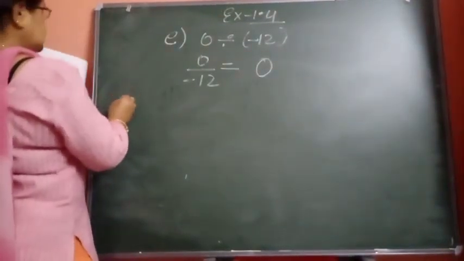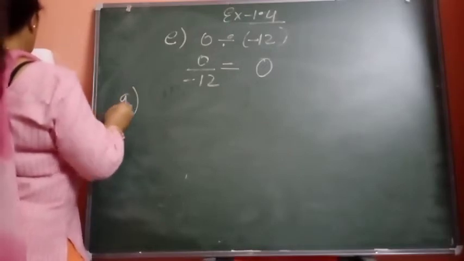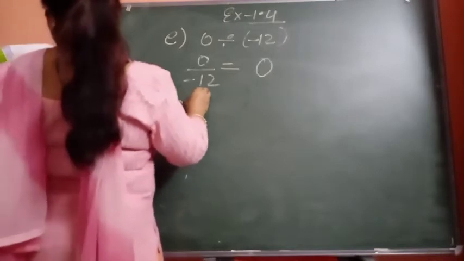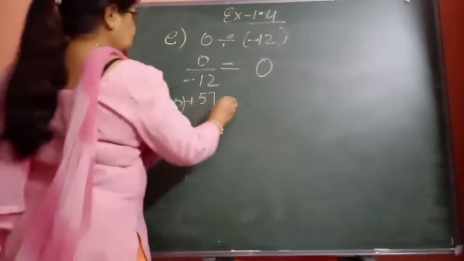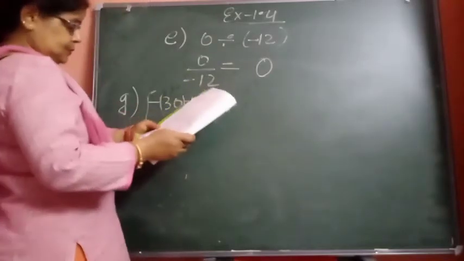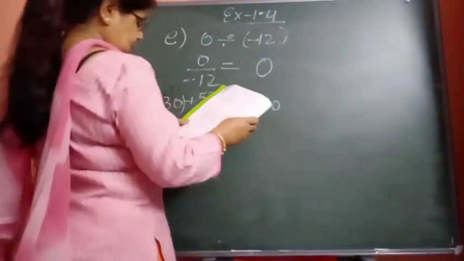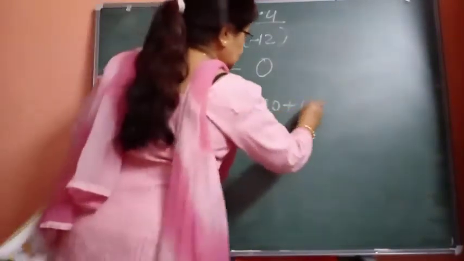Okay, and one more part I am doing, I am taking G part. See that, minus 30 plus 5 divided by minus 20 plus into minus 5.